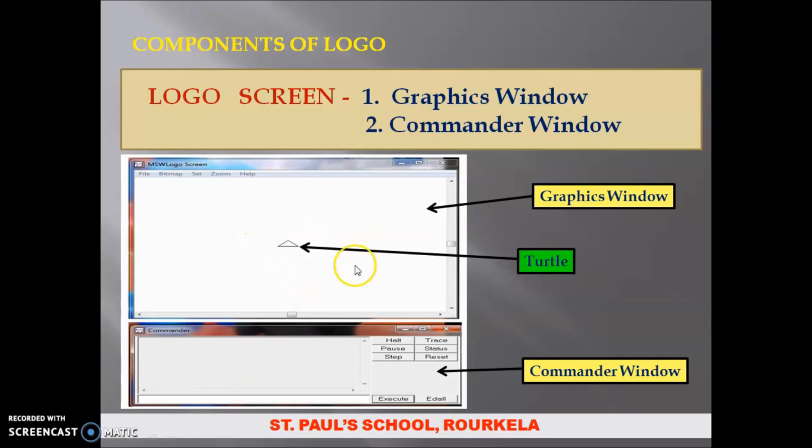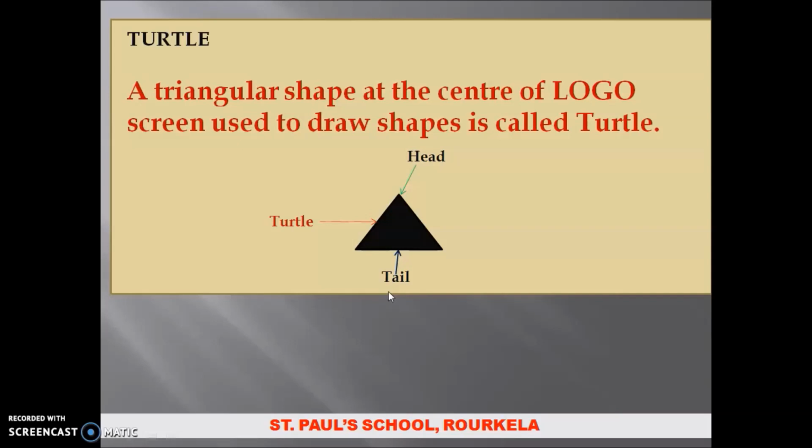And here you are seeing the another symbol, that is known as a turtle. Then what is turtle? A triangular shape at the center of the logo screen used to draw shapes is called turtle. So turtle is a triangular shape. It is used to draw the shapes.